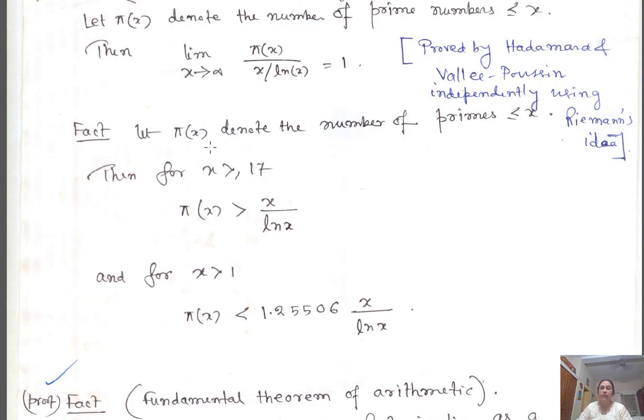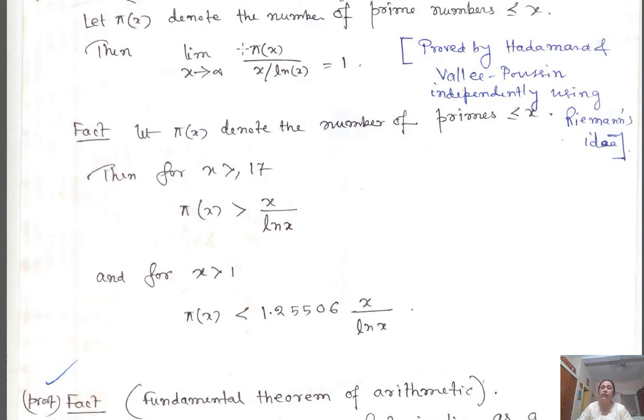We also have some other refined results. Pi(x) denotes the number of primes less than or equal to x. If x is greater than or equal to 17, then pi(x) is greater than x/ln x. And for x greater than 1, pi(x) is less than this factor times x/ln x. So pi(x) is not exactly equal to x/ln x; sometimes it depends on the value of x.